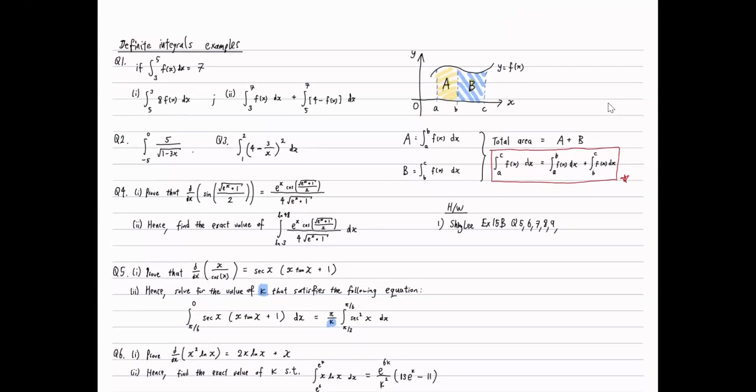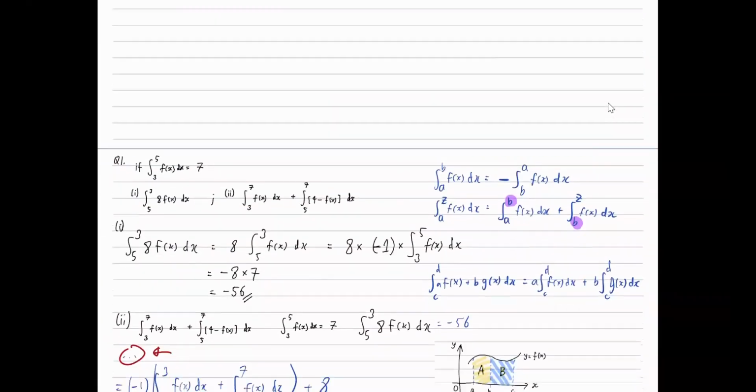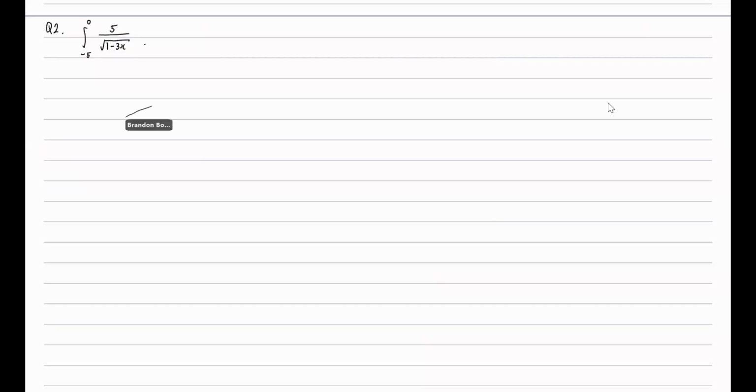So let's take a look at question 2. This one is quite basic. Just the integral. Let's take a look at this. You want to try? Okay, go. Bring out the 5. Good.